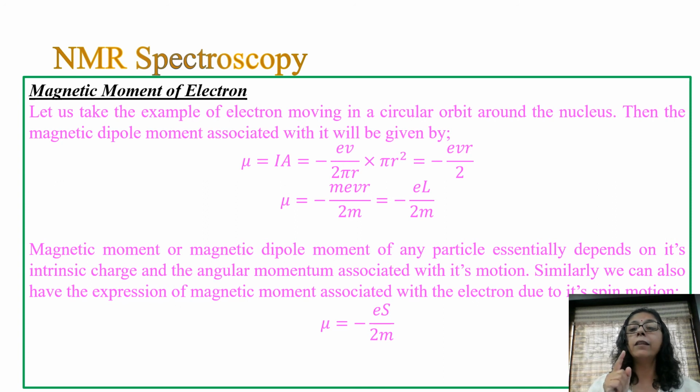And what is this L? The value of it is mv multiplied by r. So e is taken out, so mv cross r.